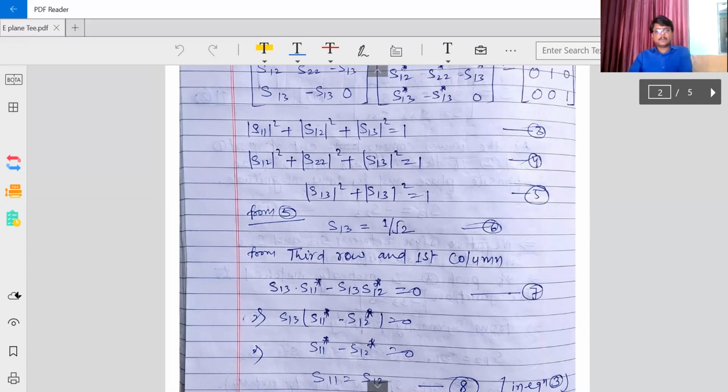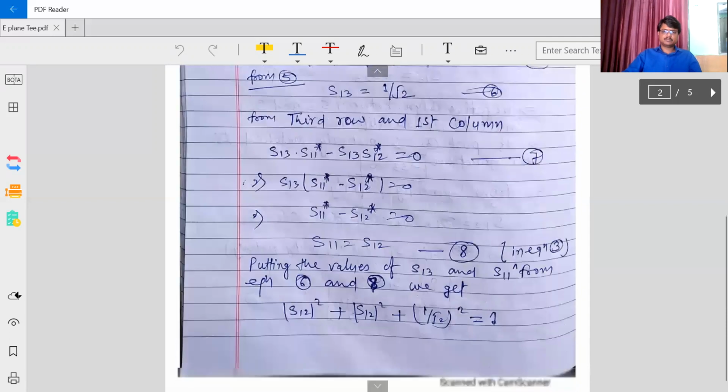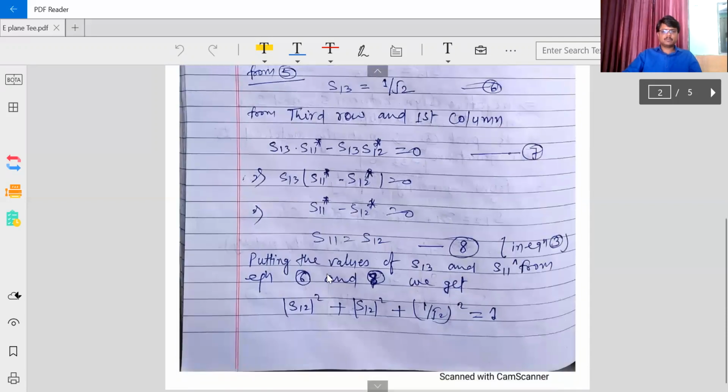Now putting this value S11 equal to S12 in equation 3, and we already know S13 is 1 by root 2. This will be the condition.